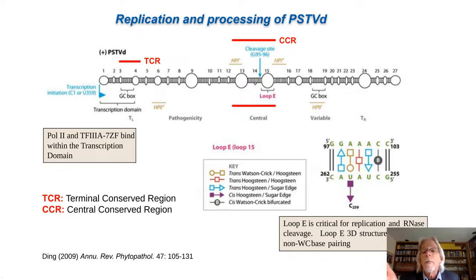Now, something I will come back to in this talk are the terminal conserved region and the central conserved region. And I've indicated those with red bars on the genome sequence. We'll come back to these in a minute. These are obviously conserved because of their critical roles in replication and genome processing.